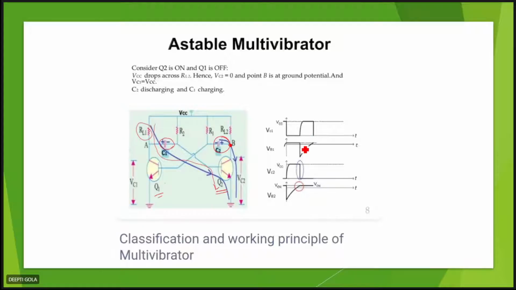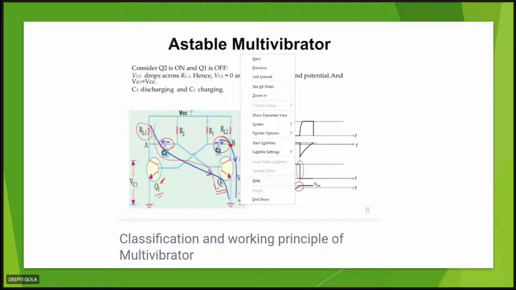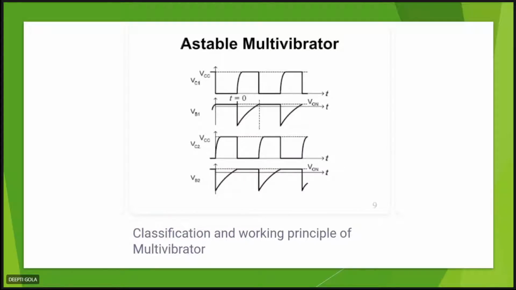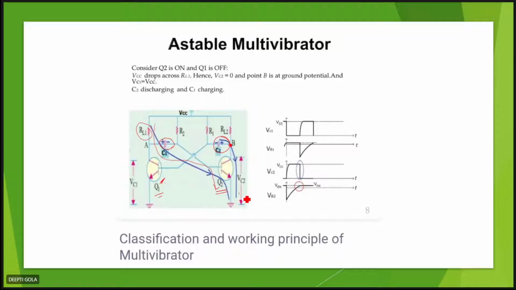The base current of Q1 will go to 0 now, and this collector voltage at this terminal will now have some value. The collector voltage VC2 will be 0, and VC1 will be equal to VCC now through this.